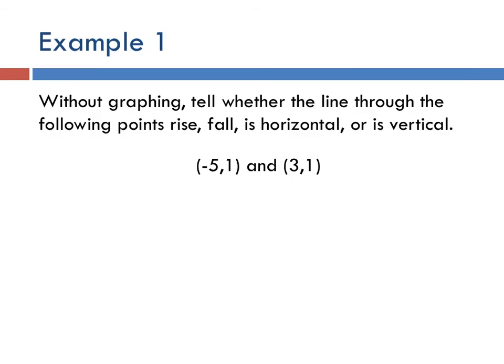Let's go. Without graphing, tell whether the line through the following points rises, falls, is horizontal, or is vertical. So let me just draw these. Now how can we do this? Well, all we have to do is find the slope. If you remember the equation, let me draw the skeleton. Right up here, it's y2 minus y1 over x2 minus x1.